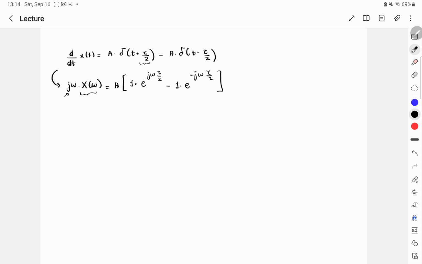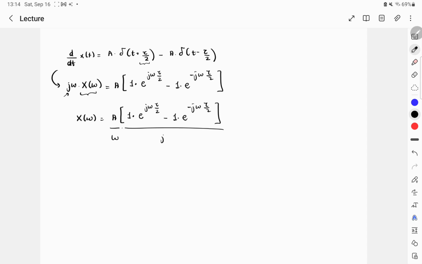So what do we have as a result? Let me copy and paste this section, and we just have the same thing divided by omega, with omega here and j here, and these two expressions are multiplied.